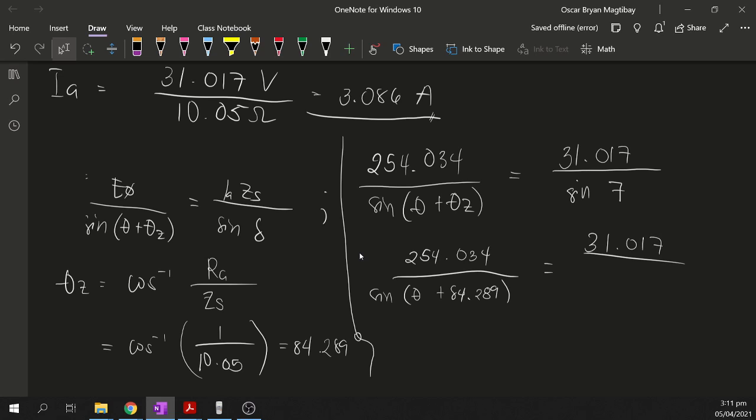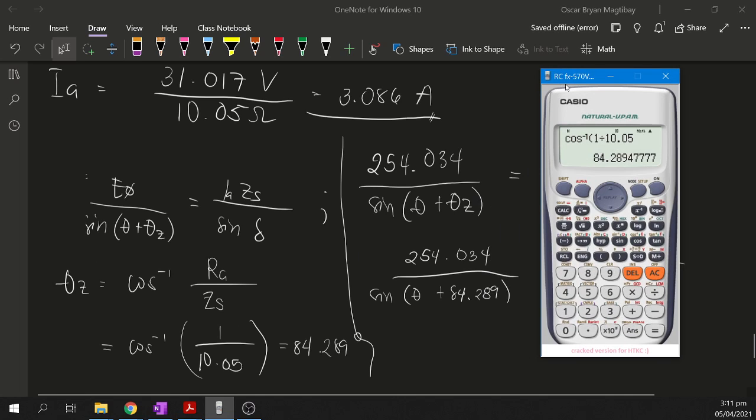Is equal to 31.017 over sine 7. So, pwede na natin dito gamitin ng shift solve, or if you want to manipulate your algebraic expression and trigonometric expression, then you could try to also do that. Pero, shortcut na natin.